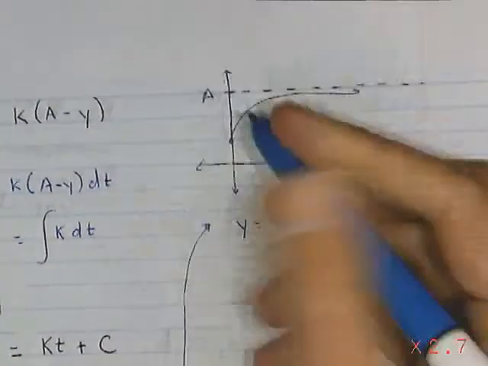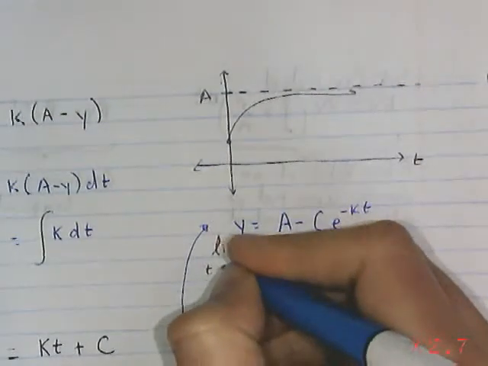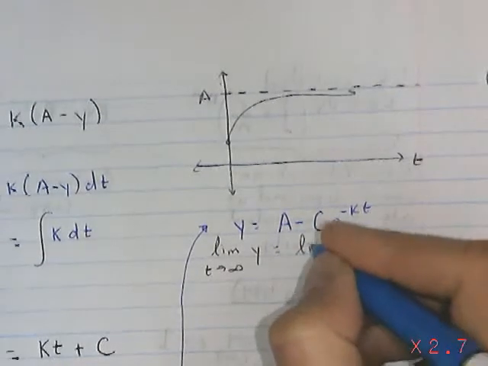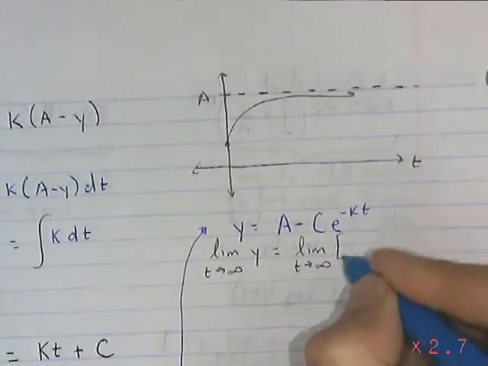And if we take the limit on both sides as t approaches infinity, what happens to that function as t approaches infinity?